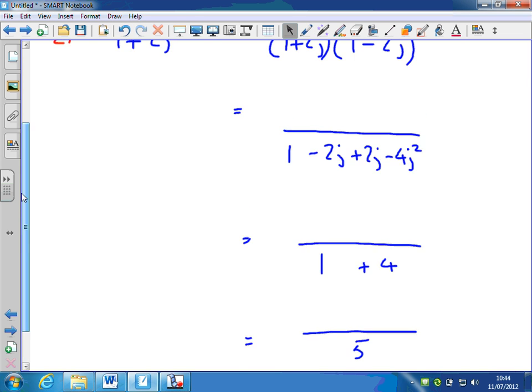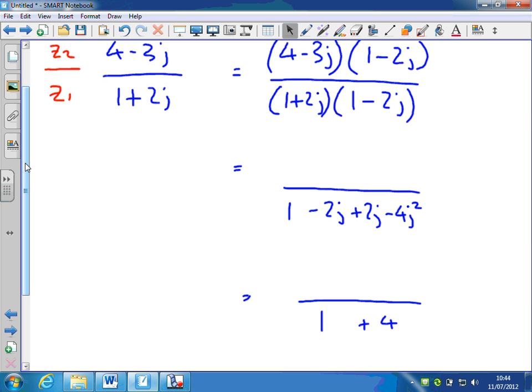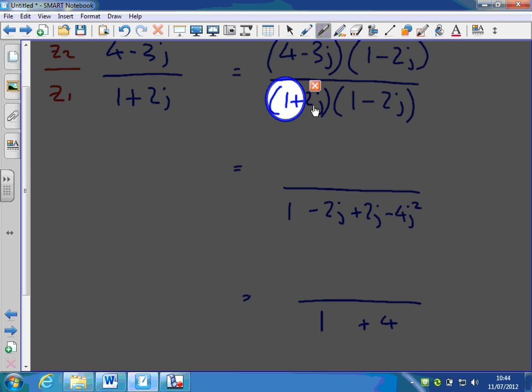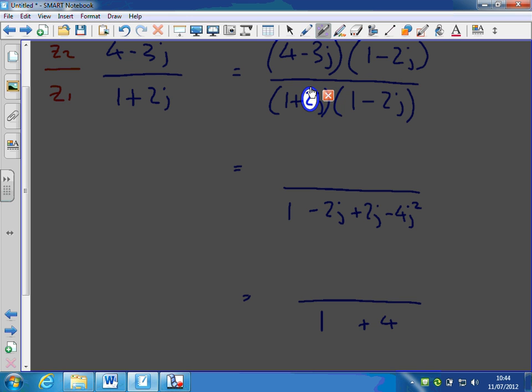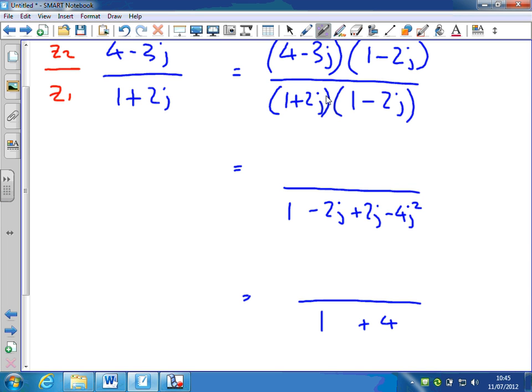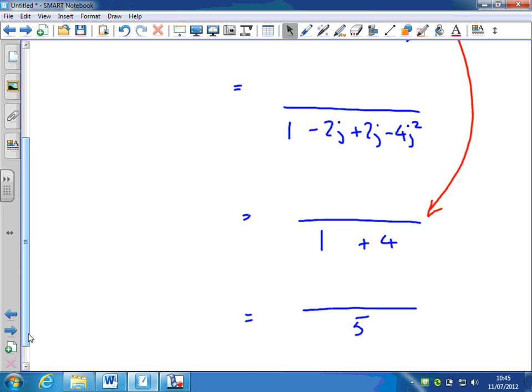So in fact, because this always works, by multiplying by the complex conjugate we actually cancel out these complex parts, and then the j squared always gives us a plus number for the 4 that follows. We always end up with effectively the first number in our bracket squared plus the second number in our bracket squared. So it becomes 1 squared plus 2 squared, which is 5. And so we can actually jump straight from here to the bottom. So that gives us 5.